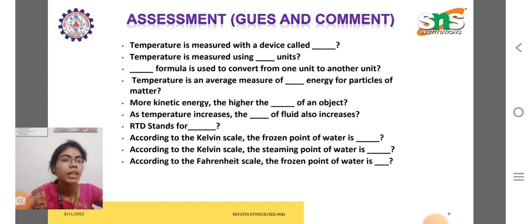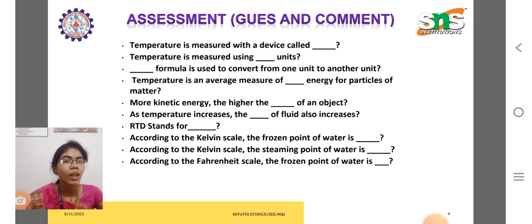Assessment. Temperature is measured with a device called what? Temperature is measured using which unit? A formula is used to convert from one unit to another. Temperature is an average measure of the energy per particle of matter.